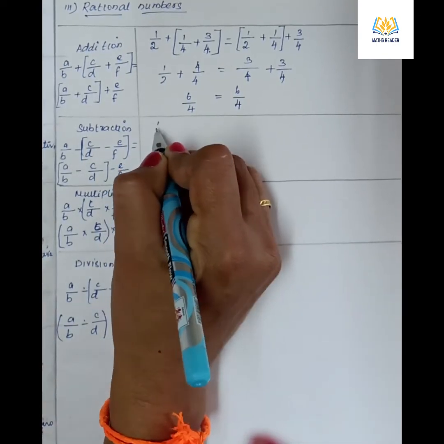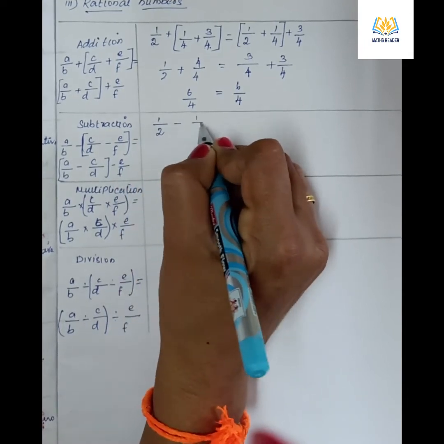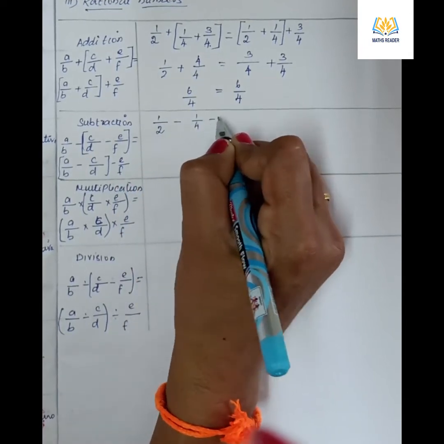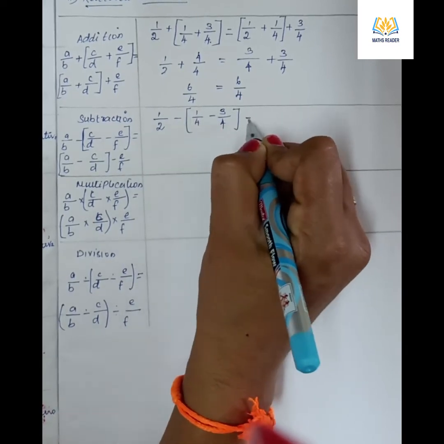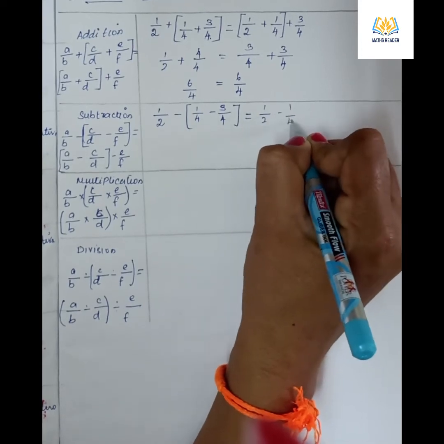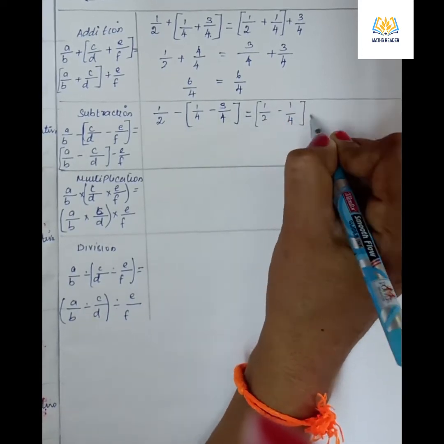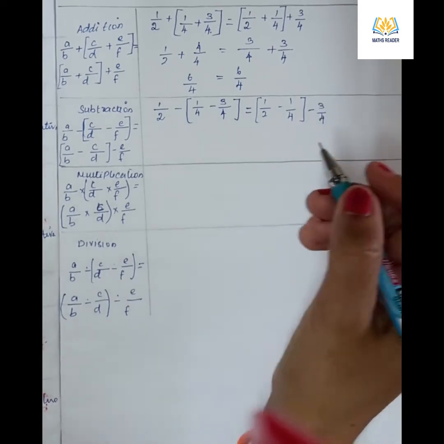So this addition satisfies the associative property. Next for subtraction, 1 by 2 minus 1 by 4 minus 3 by 4. This is equal to 1 by 2 minus 1 by 4. We have changed the order, minus 3 by 4.